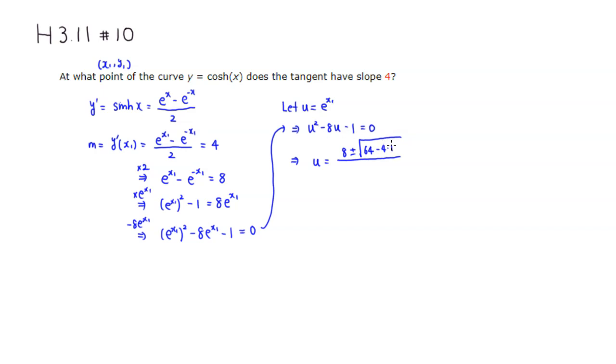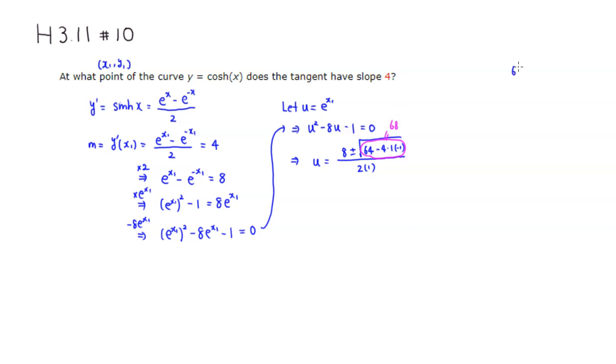A is 1, C is actually negative 1, all over 2 times A, which is 1. Right, so this is just the quadratic formula. And what's this? 64 plus 4, so this is going to be 68.